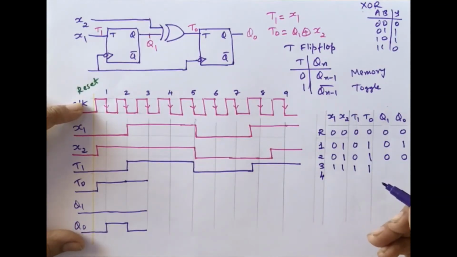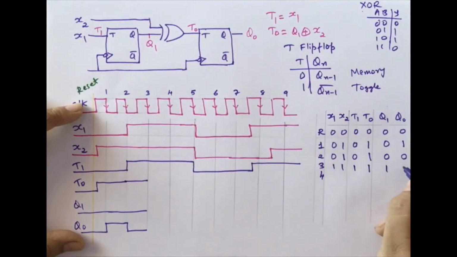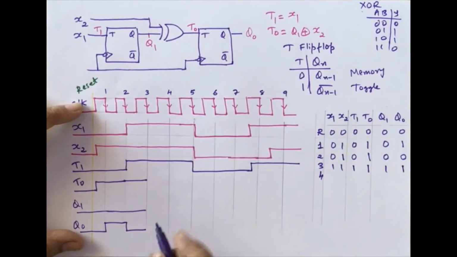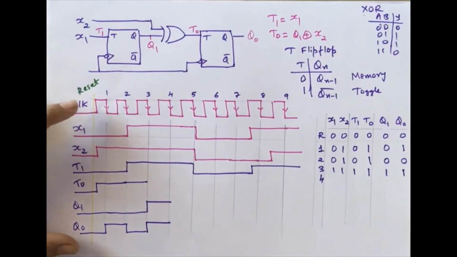So now both the flip-flops are in toggle state. So the previous outputs are going to get toggled. So both the outputs are now logic high after the third clock pulse.